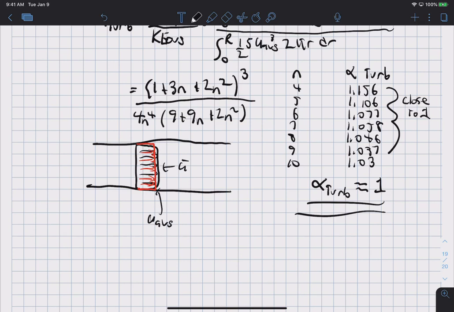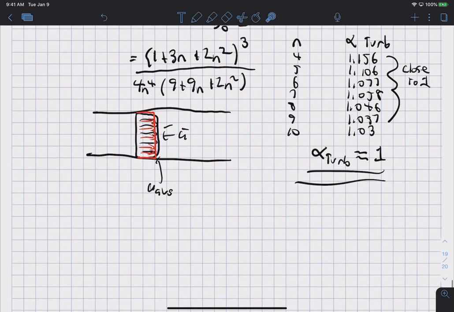The actual mean velocity profile U bar, which is right here, is not that much different than the average velocity profile in red, which is perfectly constant. And so we did all this work just to show that our correction factor for turbulent flow, which is the more practical case, is simply 1.